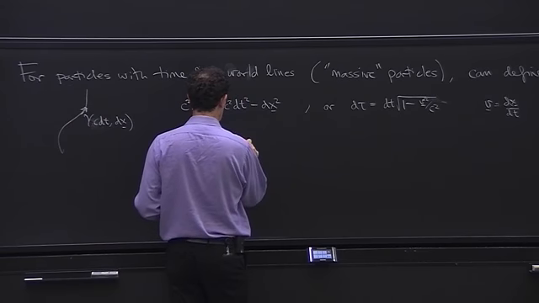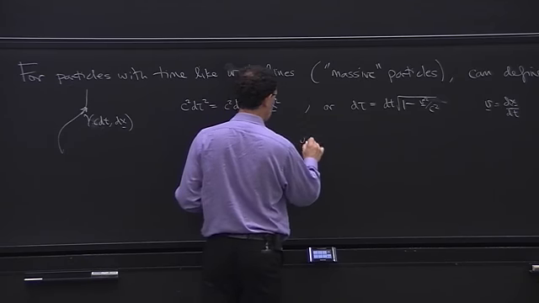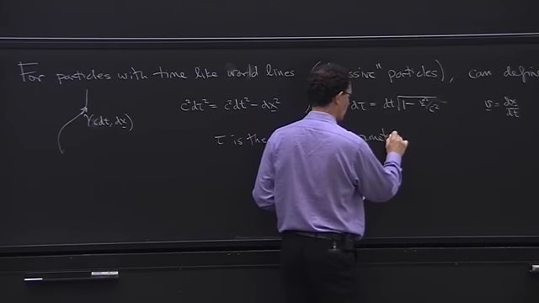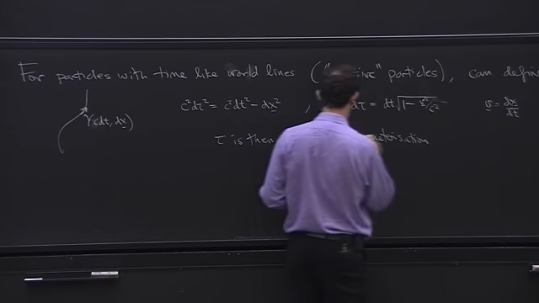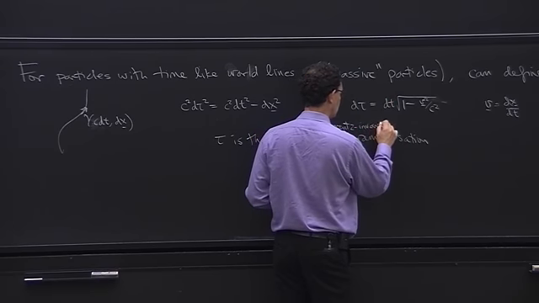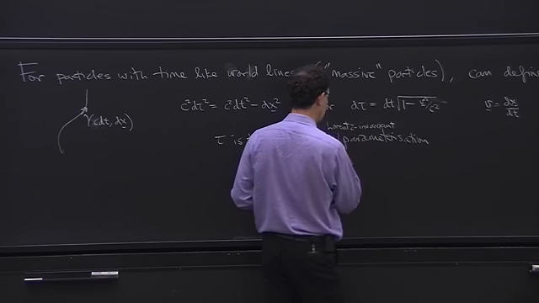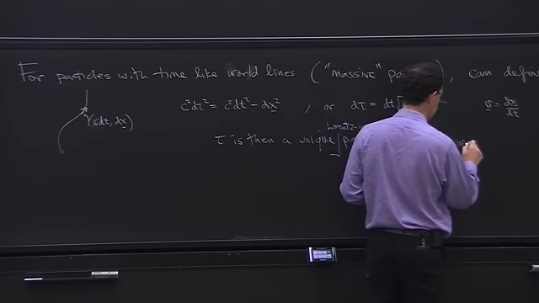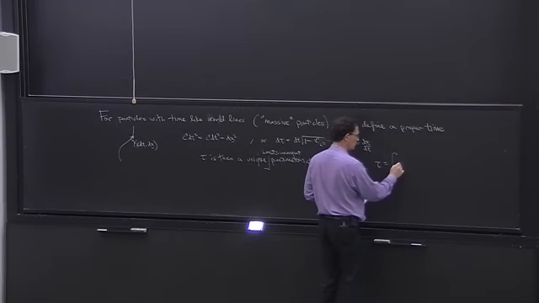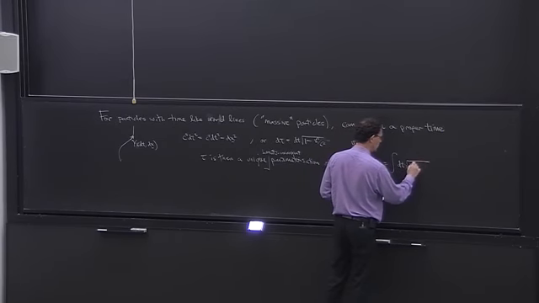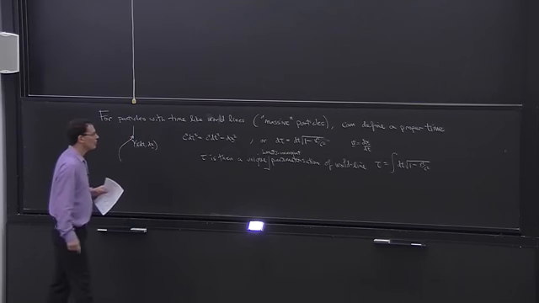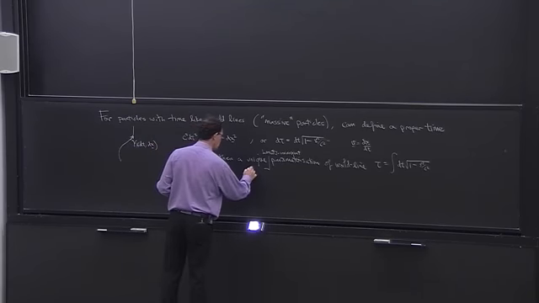So τ is then a unique Lorentz invariant parameterization of the world line. τ = ∫dt √(1 - v²/c²). When I say unique, it's unique up to a constant.